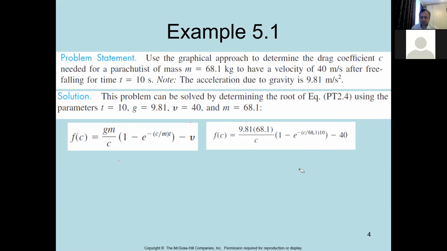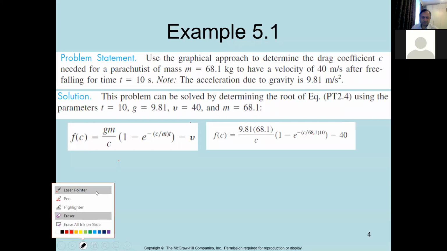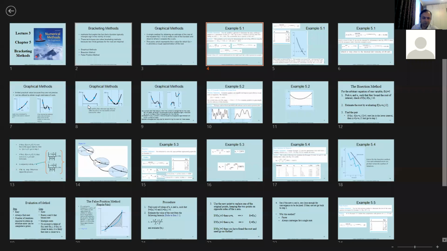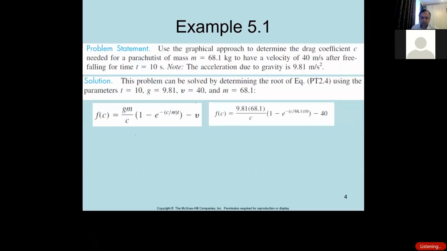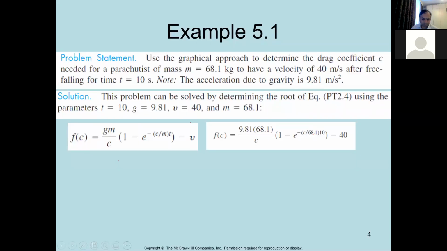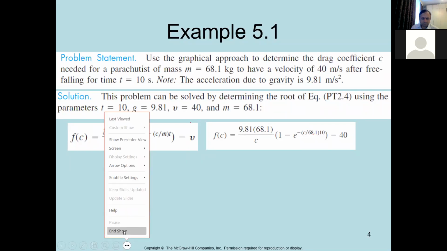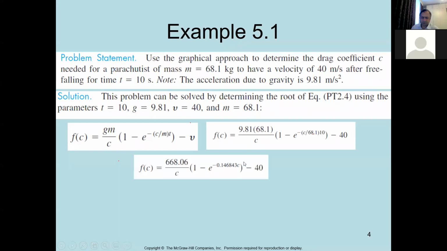In the graphical method, we can plot this function. Let's simplify it.